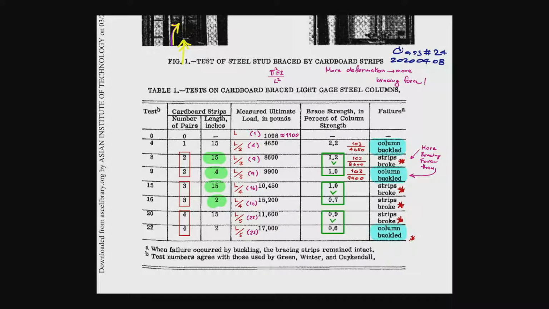You just read through and you will understand it. We want to know how much force we need to provide in the brace. We want to know how much stiffness we need to provide as well, in order to achieve the capacity that we want from the beam and the column. And this is the whole reason for this paper.